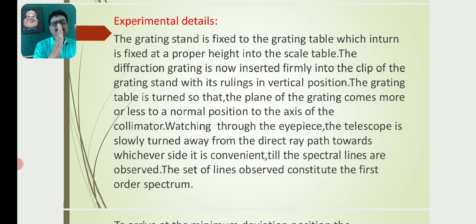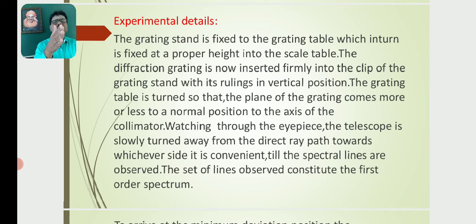If we move further, then we will get another set of lines, another set of colors observed. They constitute the second order spectrum. Like that we will get a number of order spectra in the field of view. But the intensity of the first order spectrum is more when compared to the second order spectrum, and the intensity of the second order spectrum is more when compared to the third order spectrum.